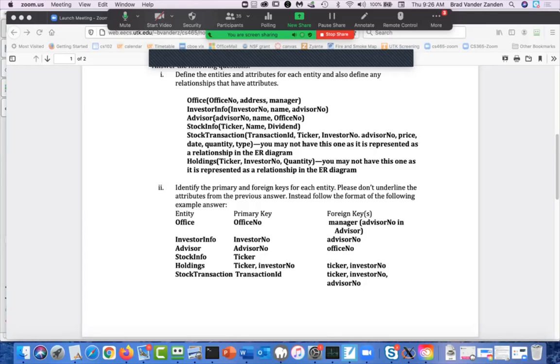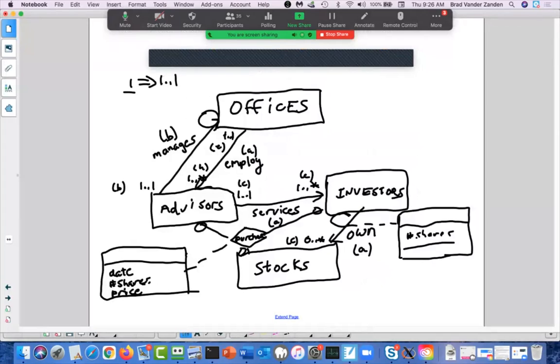Then stock information, I chose here just to have a single entity for stock with a ticker, the name, and the dividend. And then there were two relationships that you may remember from my whiteboard.